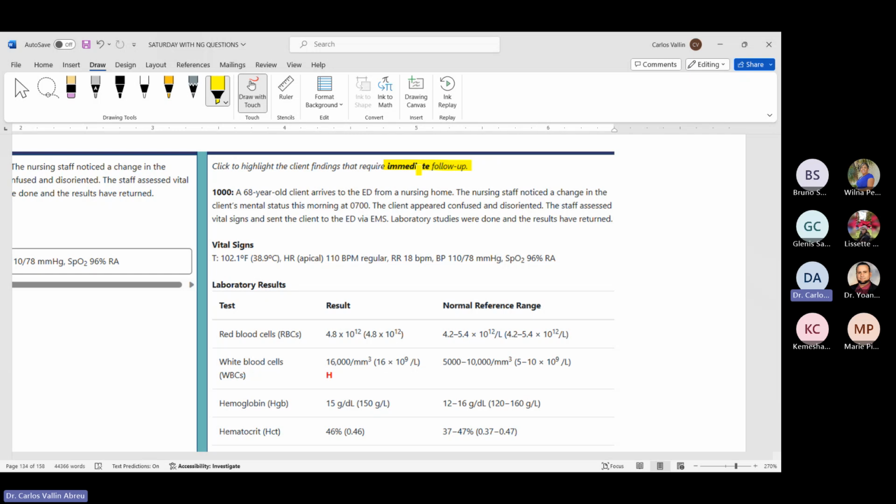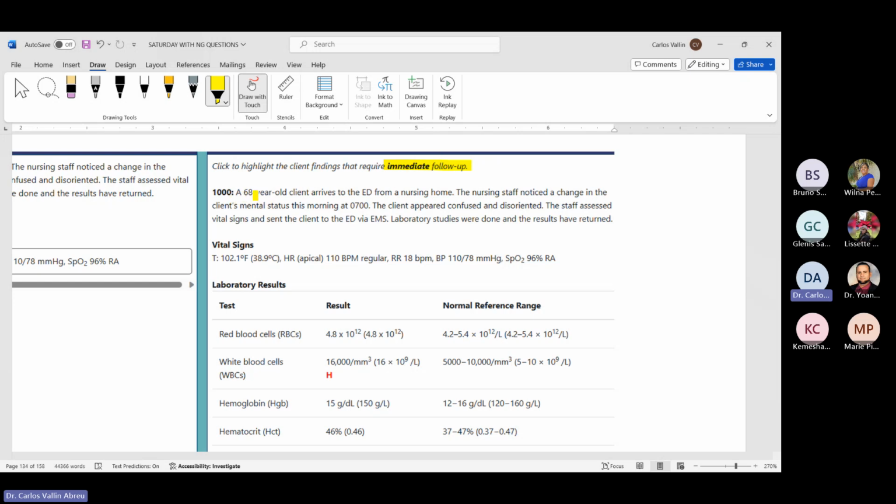This is not something for immediate follow up. And this is what this kind of question is exploring. If you can tell apart what is immediate and what is important but not immediate. Like, for example, past medical history of diabetes or penicillin allergies, etc. So let's see what is immediate in this client.